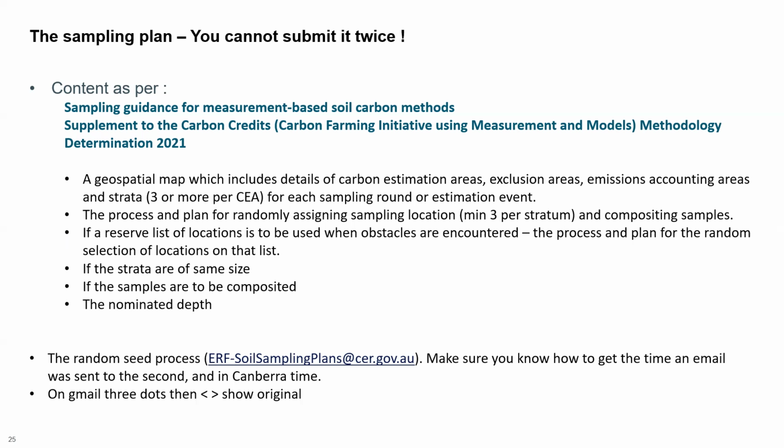You can choose to sample to 1 meter and still use only the estimate of carbon in the 0 to 30 centimeter layer. The minimum that you need to include in your estimation is 0 to 30 centimeters, but you can optionally include the 30 centimeter to 1 meter or any depth in between in your sampling estimates.